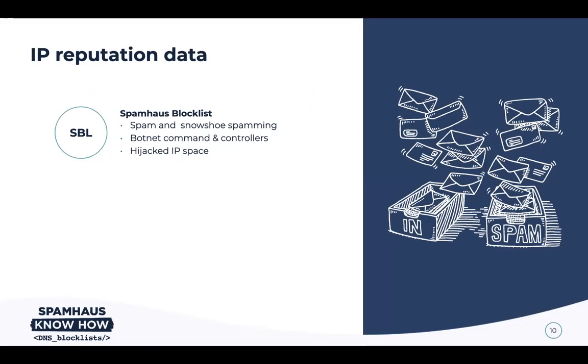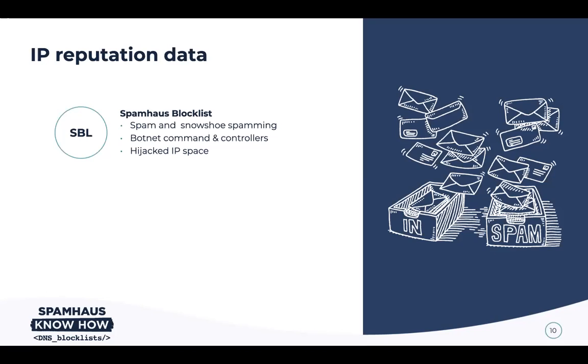Historically, the very first list that the Spamhaus project came up with was the SBL, the Spamhaus Blocklist. This Spamhaus Blocklist is manually curated, meaning that every entry that is added to it used to be created and edited manually by one of the researchers behind the project. It was thought so that it could list any network size, meaning that it could be just a single IP or an entire subnet if that was deemed necessary.